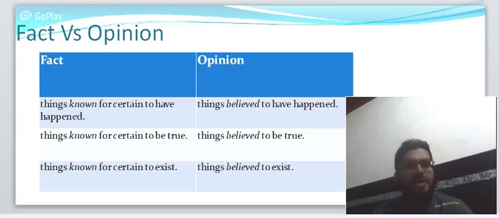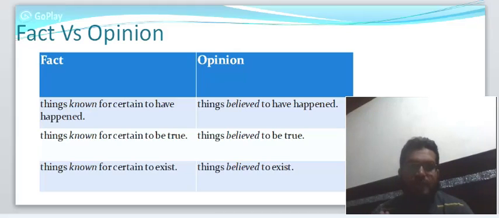Thirdly, things believed to exist. So if you notice, in fact, I have used the word known, and in opinion, belief. Although beliefs are not always against knowledge, sometimes they are.